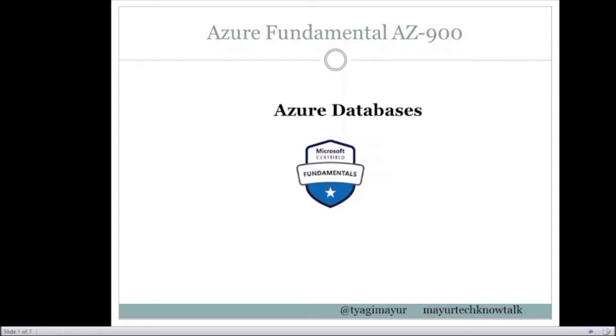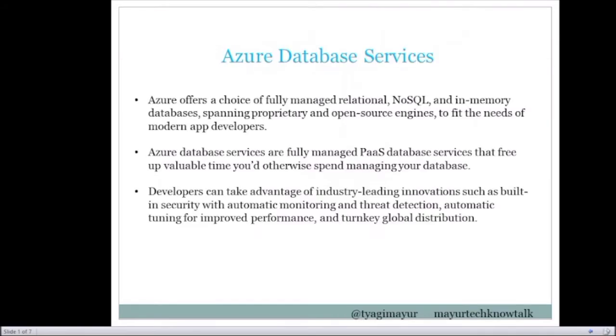So what do we have in Azure? So Azure Database Services are fully managed platform as a service database services. Azure offers a choice of fully managed relational, NoSQL, and in-memory databases.